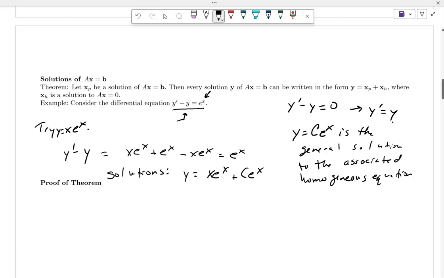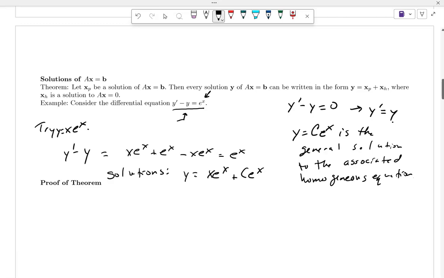If I have one solution to the non-homogeneous system, I can get all of the solutions by doing that one solution plus adding on a homogeneous solution. Okay? That's what this thing says. And like I said, it has applications in differential equations. I just showed you one.